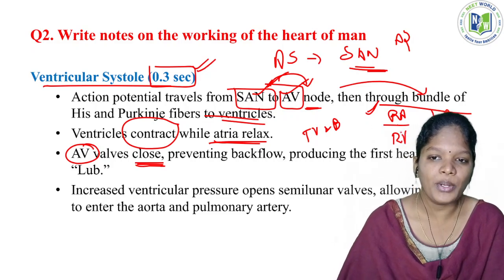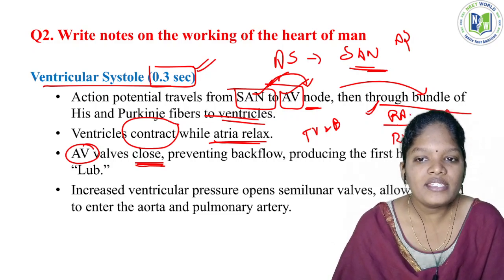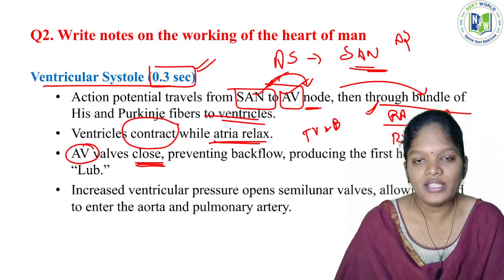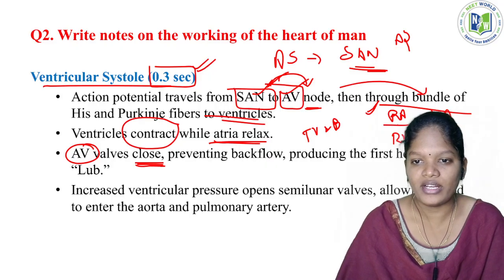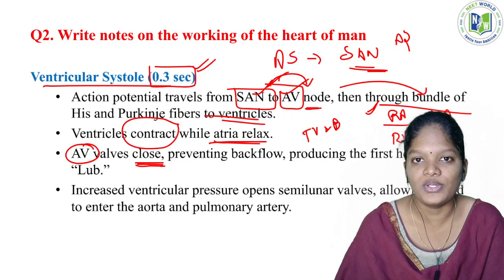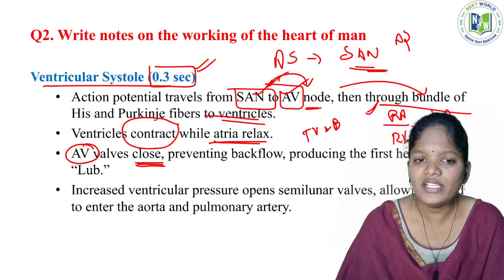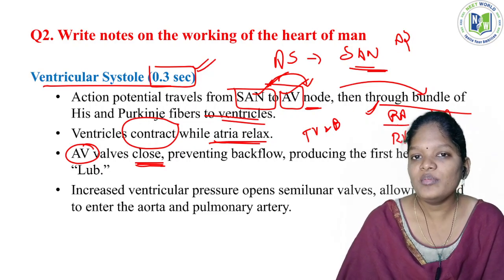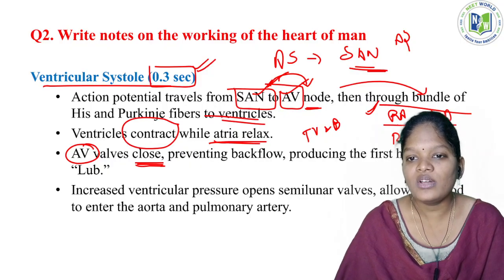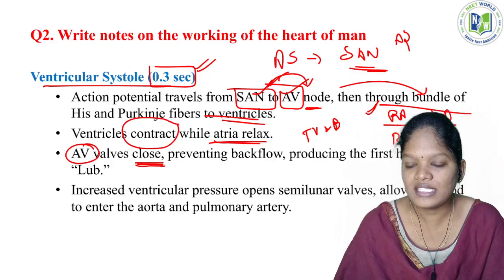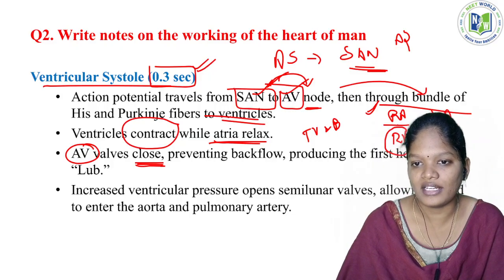Now it is the turn of the ventricles. They have to contract, and that is the ventricular systole. At the time of the contraction of the ventricles, the atrium relaxes.